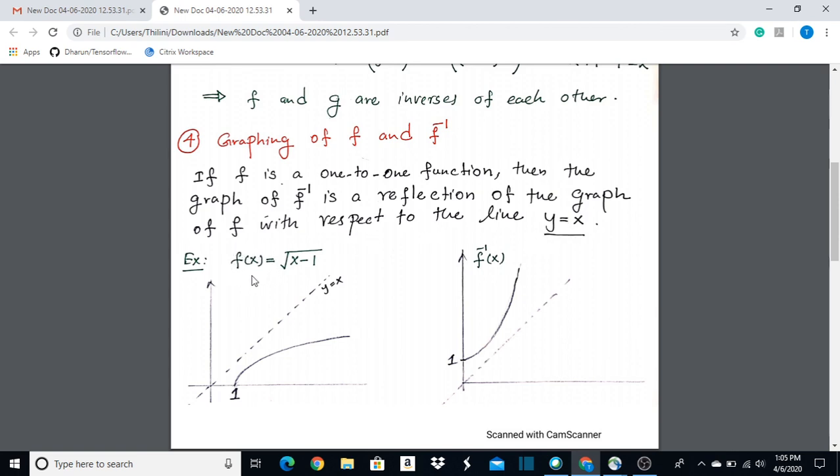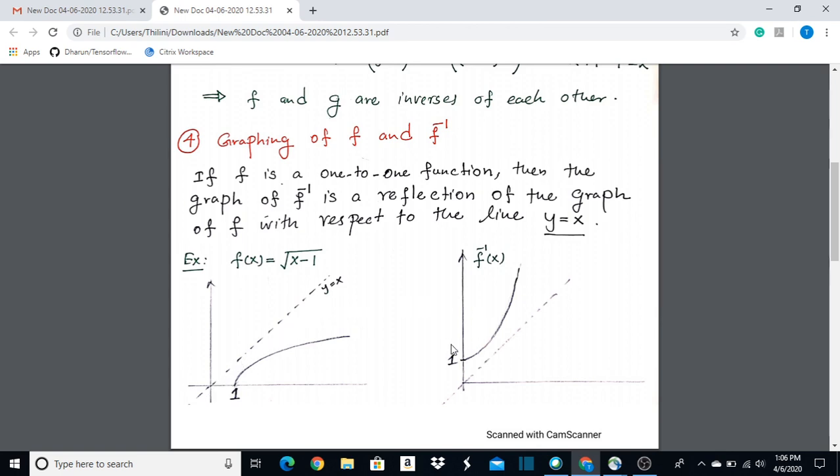Here I'm taking my f function to be the square root of x minus 1, which is a one-to-one function, so it is invertible. Now I'm drawing the graph. Here we have the graph of this f(x) function, and this line is the y equals x line, exactly 45 degrees on each side. The graph of f inverse of x is nothing but the reflection of this graph about the y equals x line.